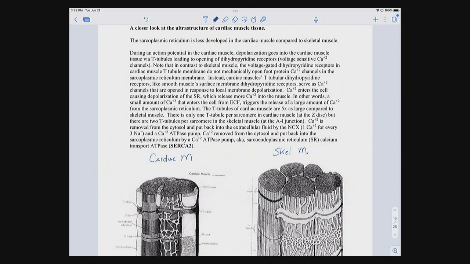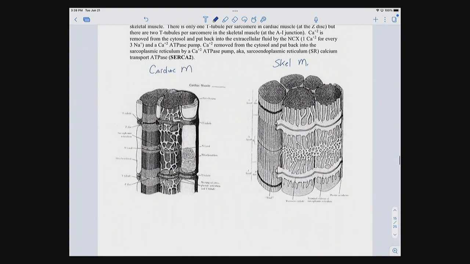So what happens during an action potential in the cardiac muscle? You have a depolarization that goes into the cardiac tissue via T-tubules, leading to an opening of dihydropyridine receptors, which are basically voltage-sensitive calcium channels, and these are the L-type variety. So let's take those words and connect them to the cartoon below.